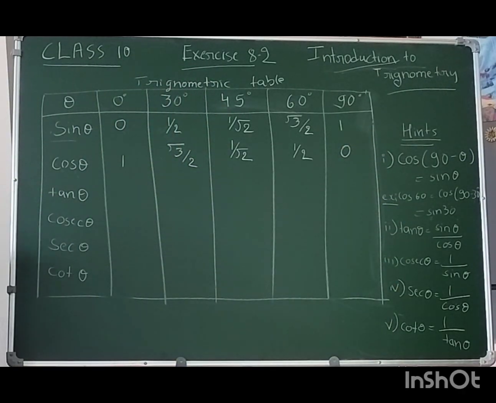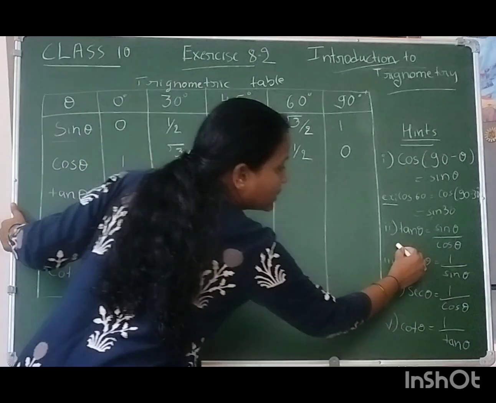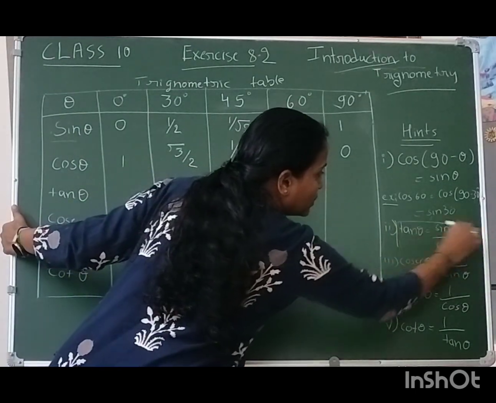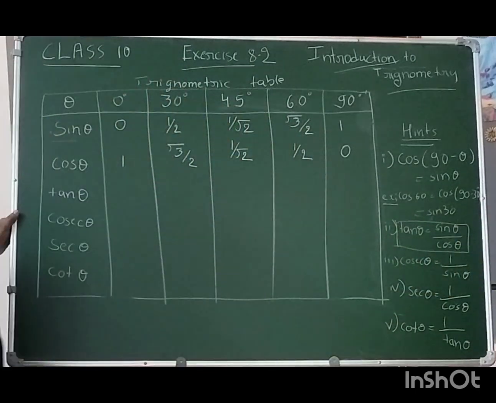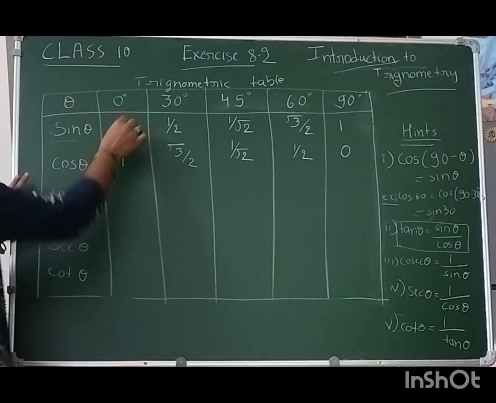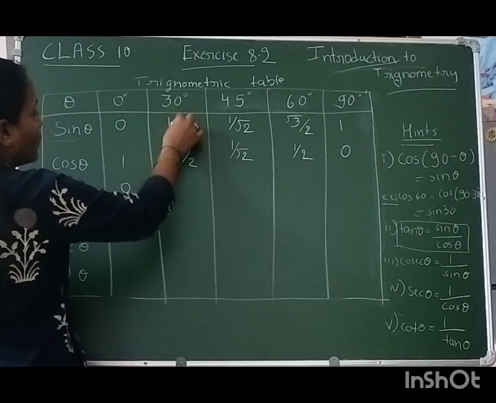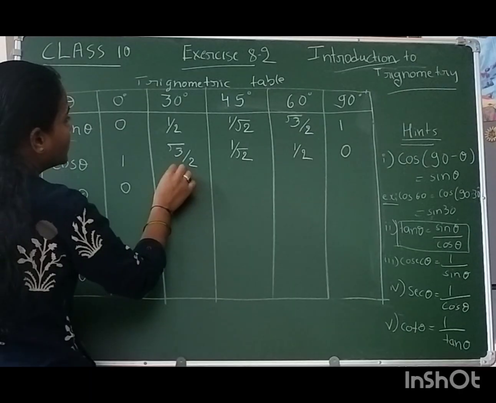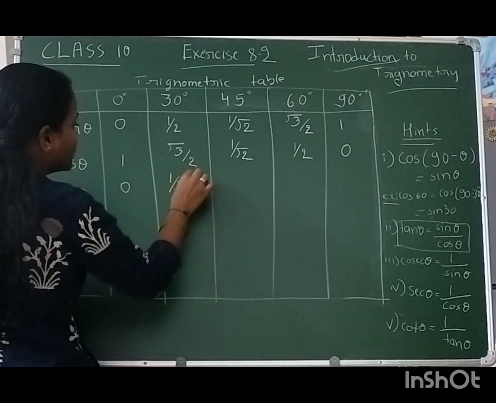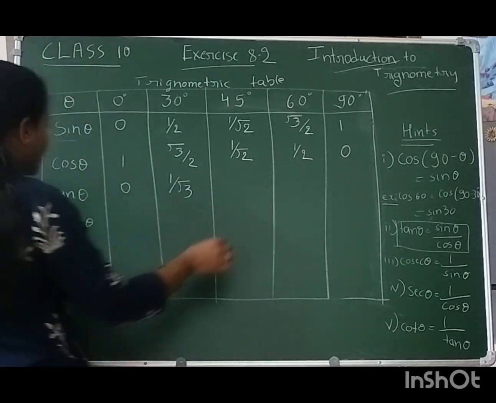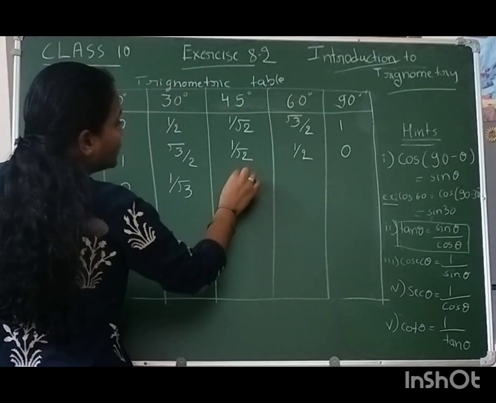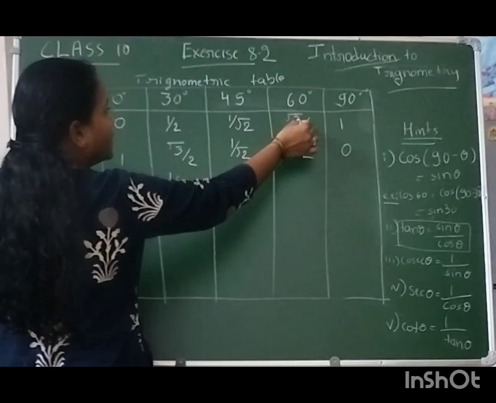And for the tan theta, we have the second hint, that tan theta is equal to sin theta divided by cos theta. Using that relation, we'll calculate the value of tan theta. So tan 0 is sin 0 by cos 0, 0 by 1 is 0. So tan 30 is 1 by 2 divided by root 3 by 2. We'll get it as 1 by root 3. And tan 45 will be 1.